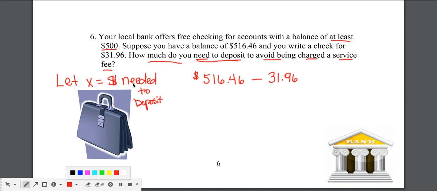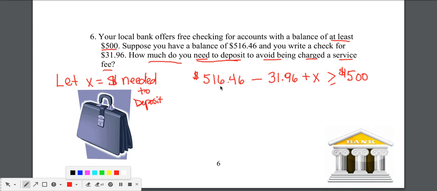Then I need to deposit more money in order to keep my balance up in the account. So I'm going to add X dollars worth of money in order to get it larger than or equal to $500. Okay, I want to see how much money do I need to put in the account in order to be greater than or equal to.